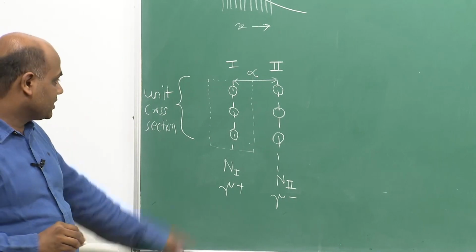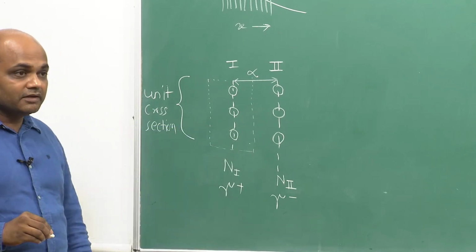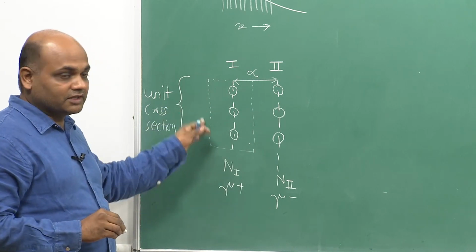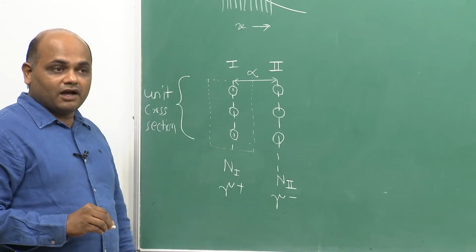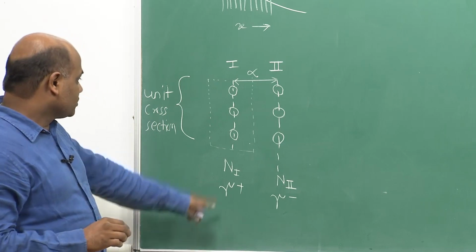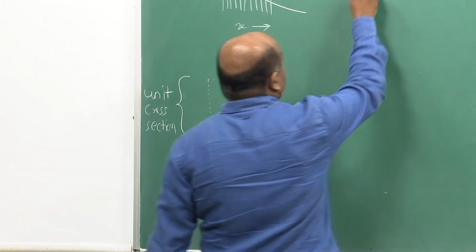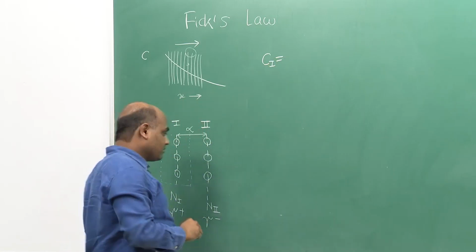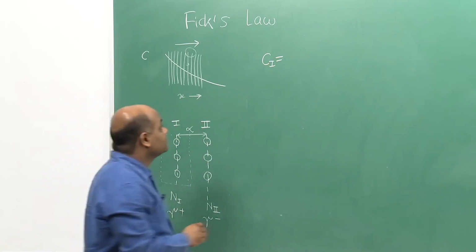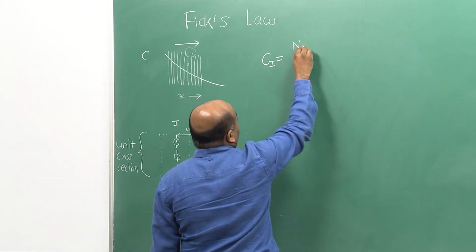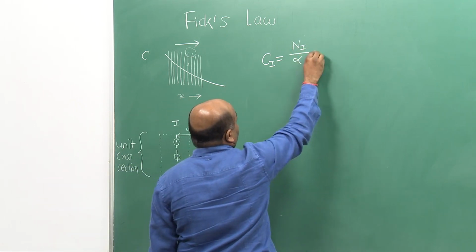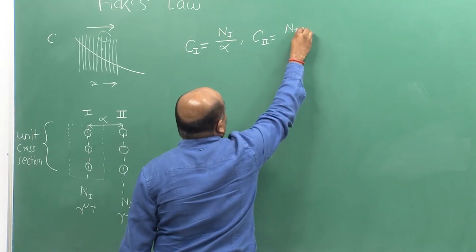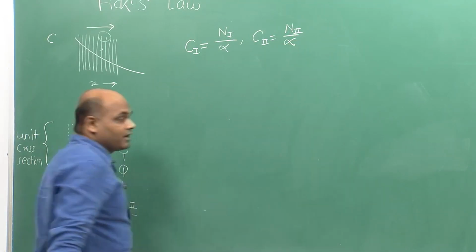The volume of the element around each atomic plane will be alpha times cross sectional area, but we have a unit cross sectional area. So, the volume will be alpha, right. So, if I determine the concentrations, C1 would be number of atoms per volume, so it will be n1 by alpha, and C2 would be n2 by alpha.